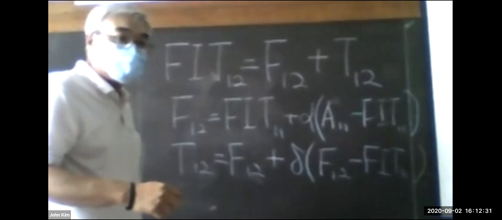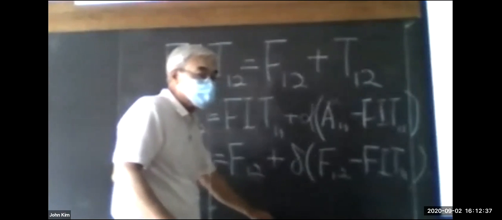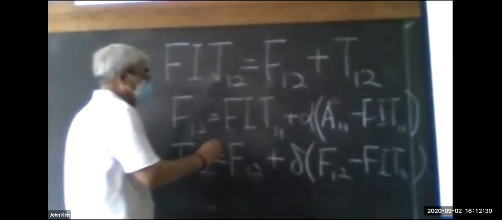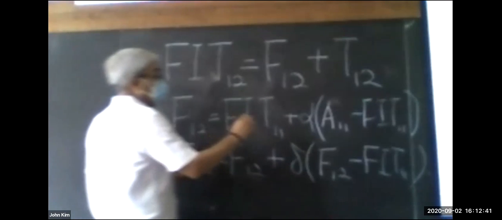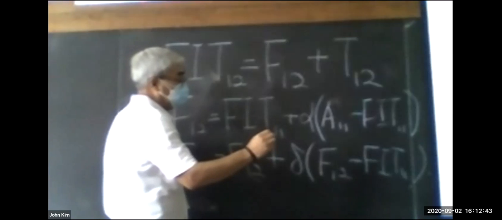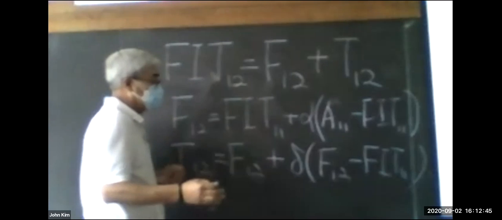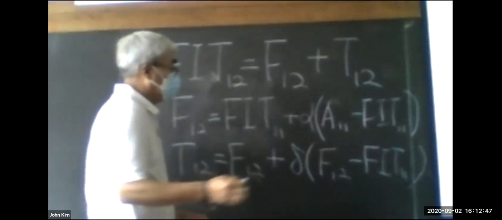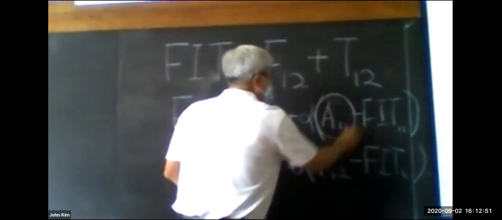Okay, now from the given numbers: F11 is not here, A11 is given, alpha is given, delta is given.